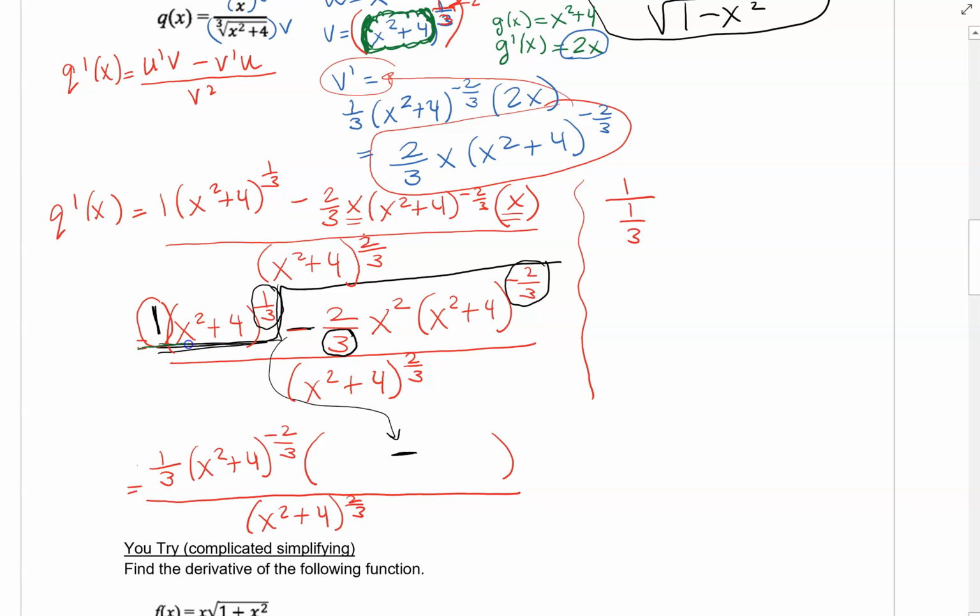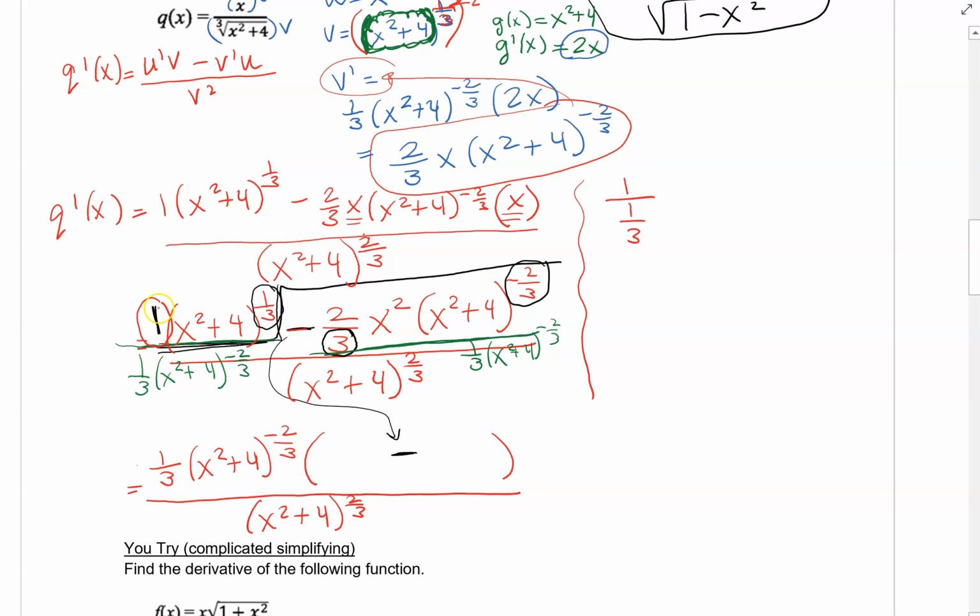So it's like I'm dividing 1/3 times x squared plus 4 to the negative 2/3 from this expression, and I'm again dividing 1/3 times x squared plus 4 to the negative 2/3 from this expression.